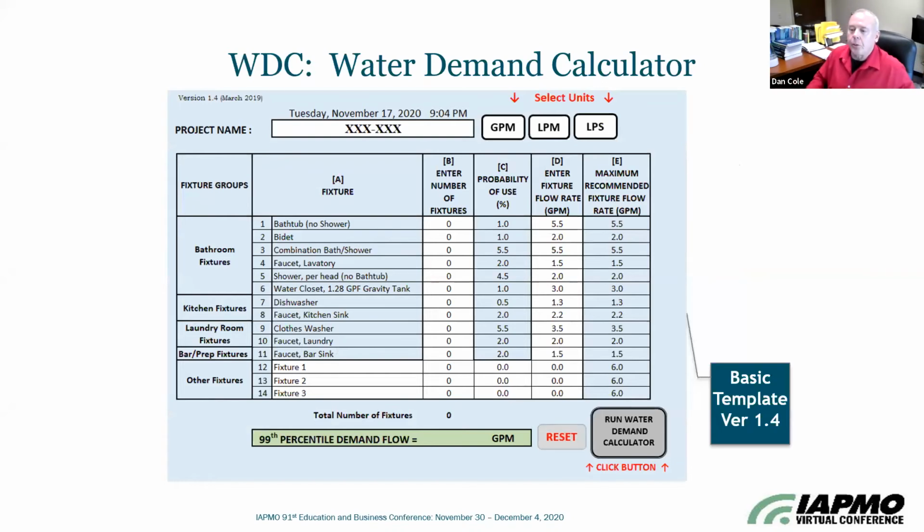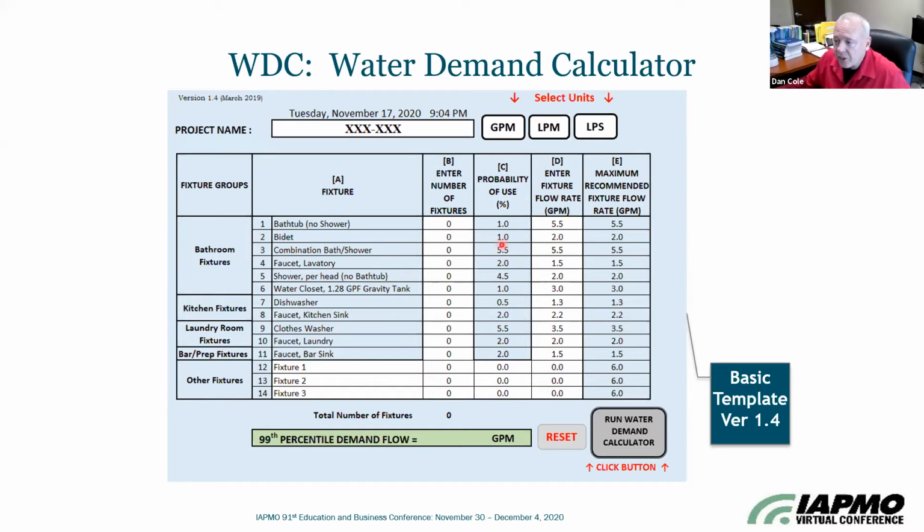So here is the previous version that some of you may be familiar with. This is the basic template of version 1.4. And what we have here is the list of plumbing fixtures that are typically found in residential and multifamily dwellings. Everything in blue are values that are fixed.